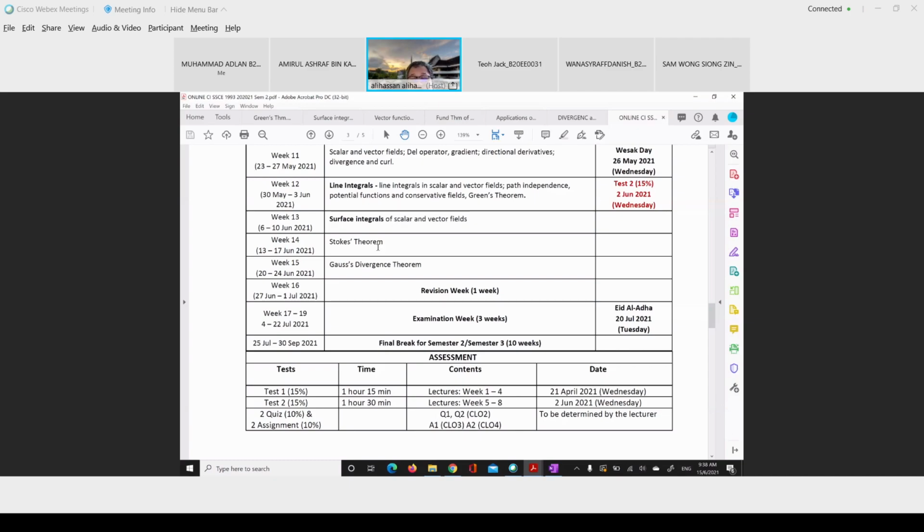If you look at the course information, I've already covered Green's theorem. Tomorrow I will start on surface integrals and Stokes' theorem, and next week we will talk about the last topic for this course, the Gauss divergence theorem. Stokes' theorem is related to double integrals, while the Gauss divergence theorem is related to triple integrals over a solid region.